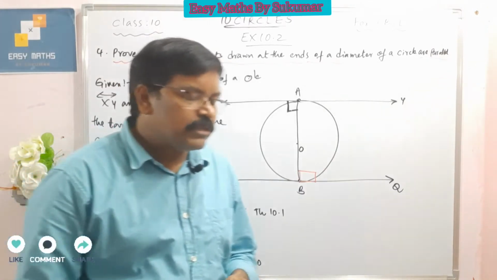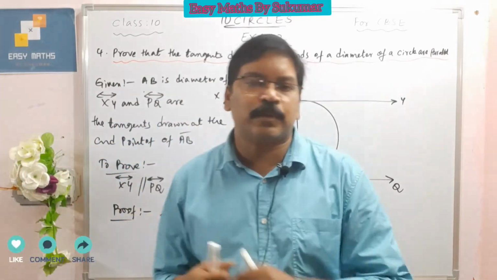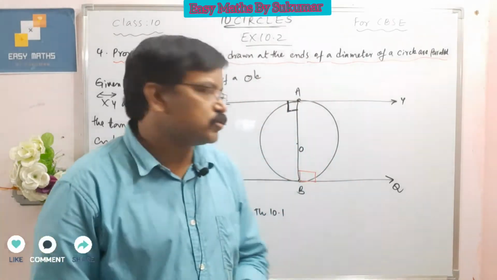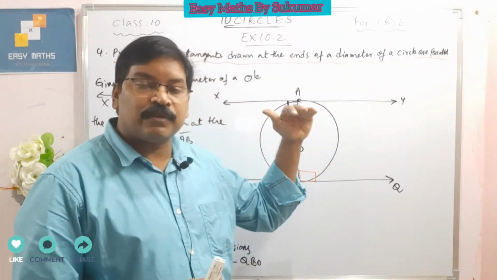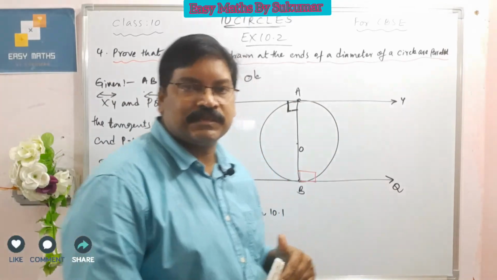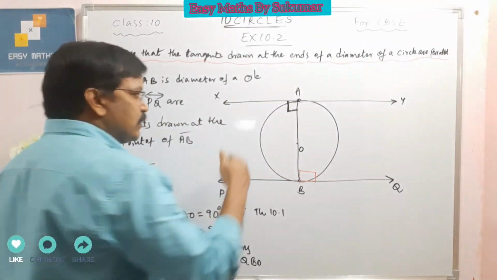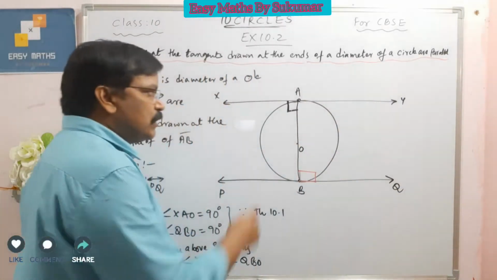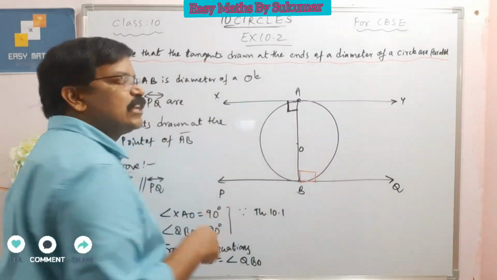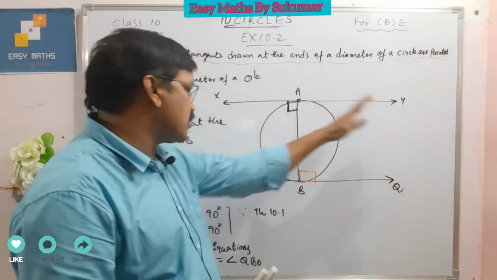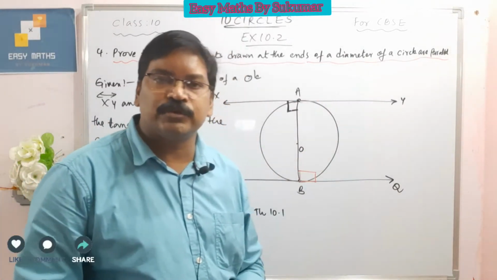See, my dear students, I already explained for 9th class students in the previous videos the properties of parallel lines. If a transversal intersects two coplanar lines and the alternate interior angles are equal, then the two lines are parallel to each other. That means here XY and PQ are parallel to each other.